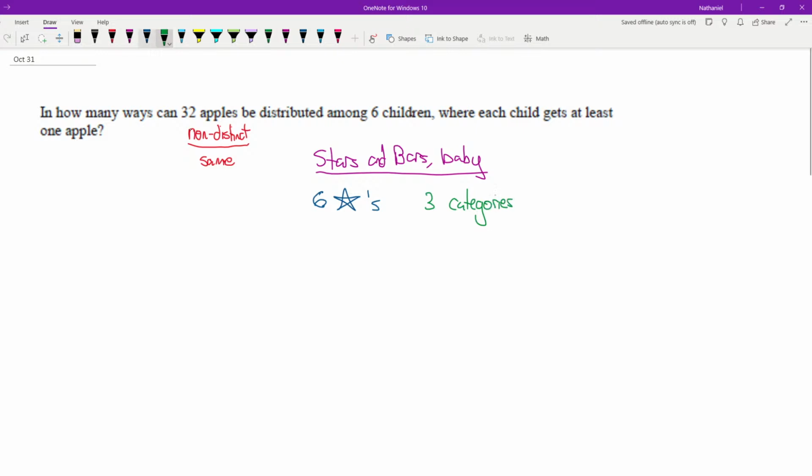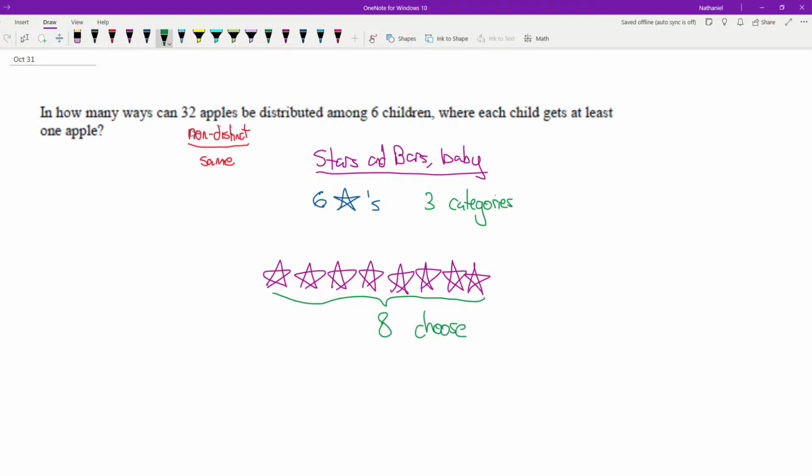The methodology here is I'm going to draw 1, 2, 3, 4, 5, 6 as my 6 stars that I'm going to distribute. But then I'm actually going to draw 2 more. I'll tell you why in a second. Because now we're going to take our 8 and we're going to choose 2 to be special.